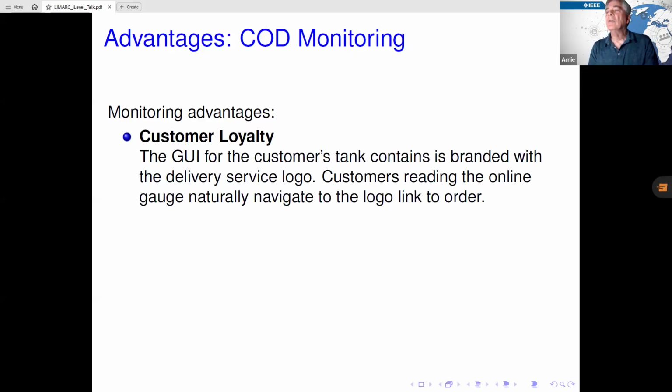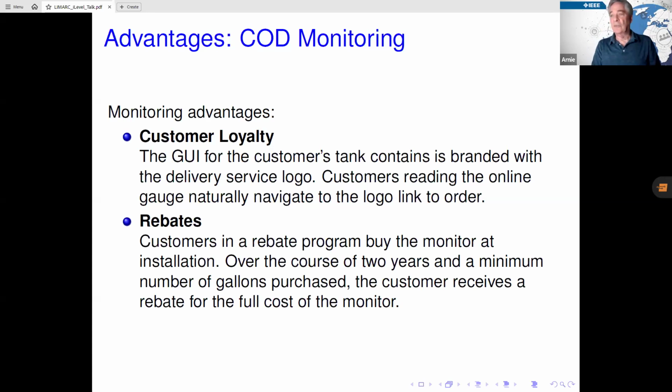What we do with the monitor is provide a branded website that the customer can read the monitor on a user interface, and in that user interface, there's the delivery service's logo. Because a COD customer can order from anyone, you want to make sure that they see your logo and know that you're providing the monitoring, so that they can call you for the delivery service.